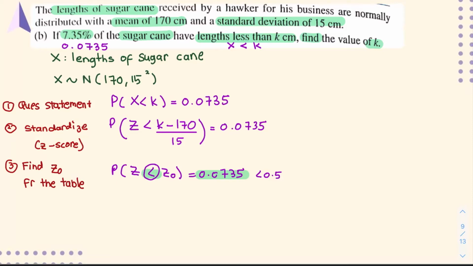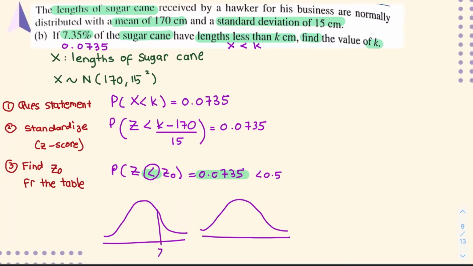What you do is sketch the curve and look at whether the probability is logical at the certain region. So you have two curves. One is a positive z, where this is 0, and the other is a negative z, and both are less than, so you have a shaded region less than and less than.